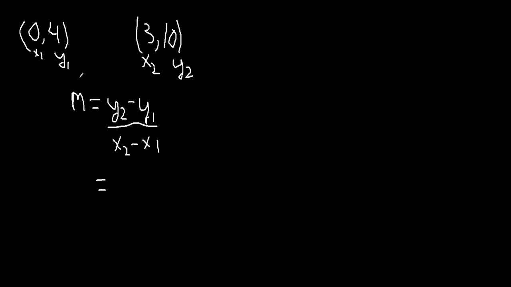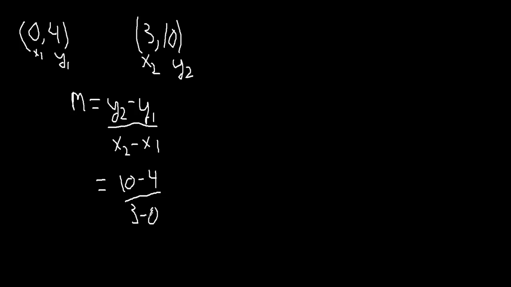So now that we've labeled x1 and y1 and x2 and y2, we can just go ahead and substitute those values. So we have y2, so that's 10, and y1, which is 4, and we have x2, which is 3, minus 0, which is x1.